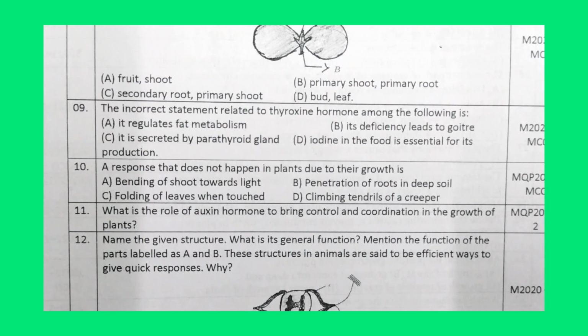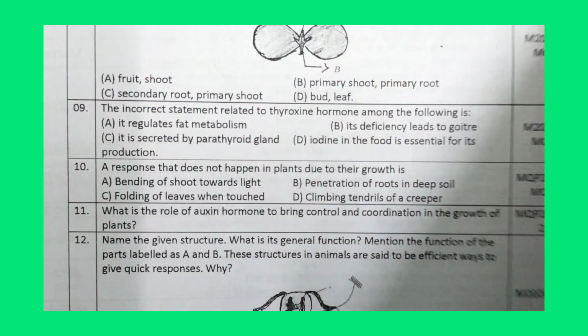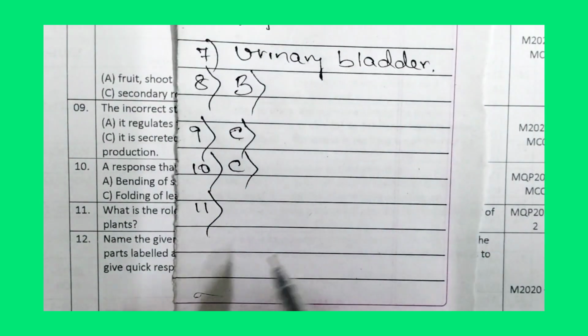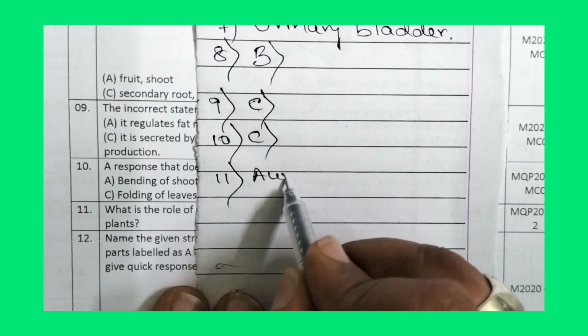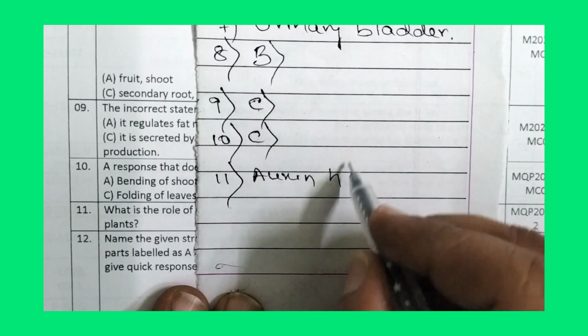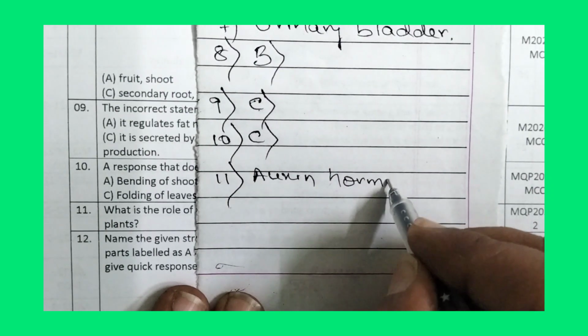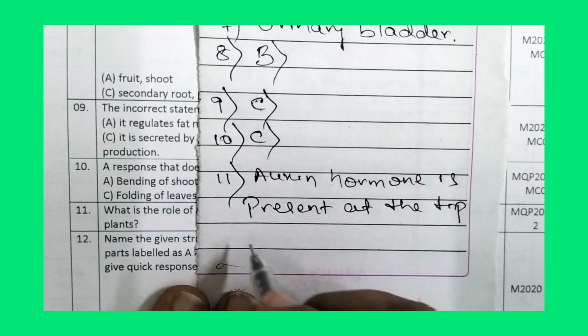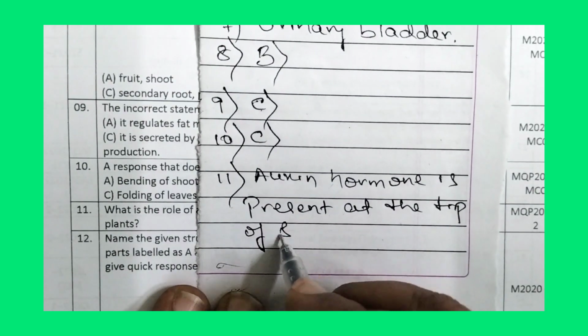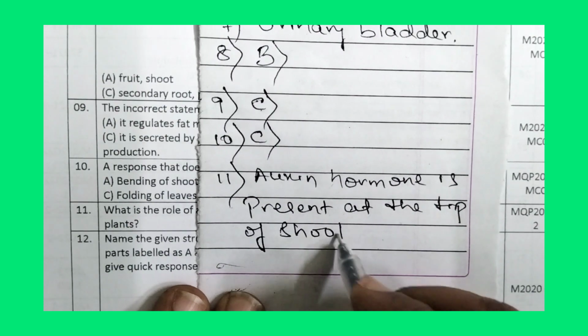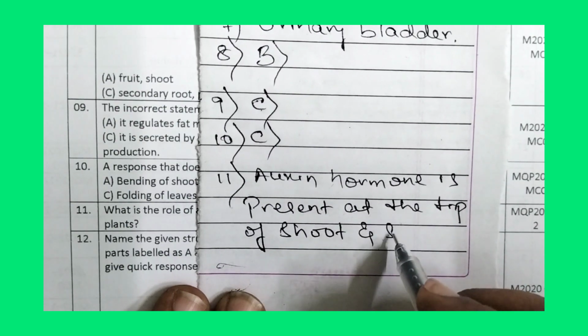So the auxin hormone is present at the tip of the shoot and root.